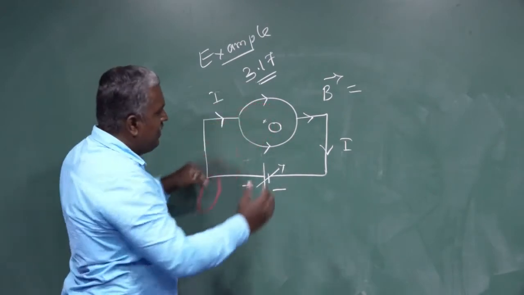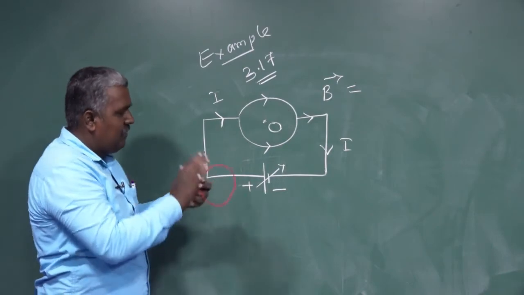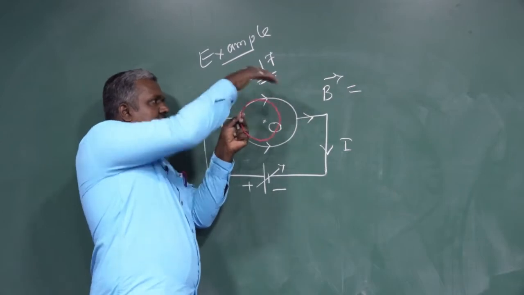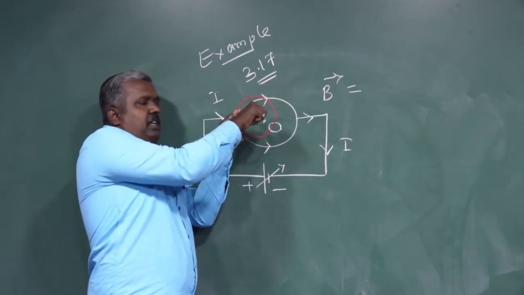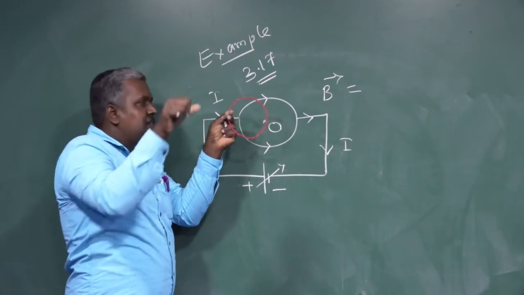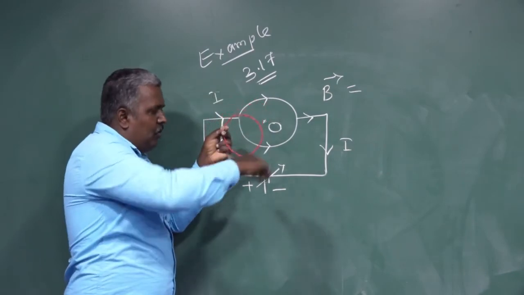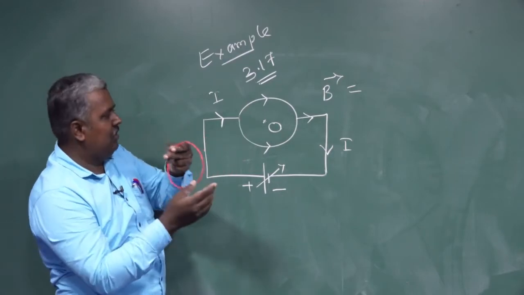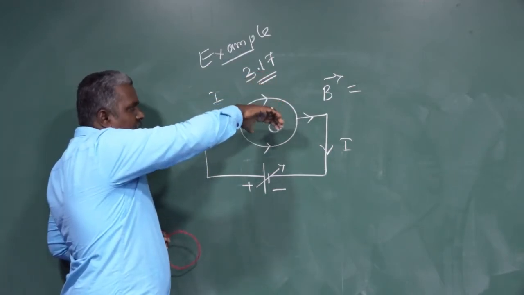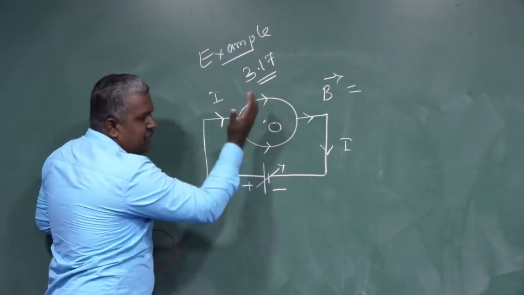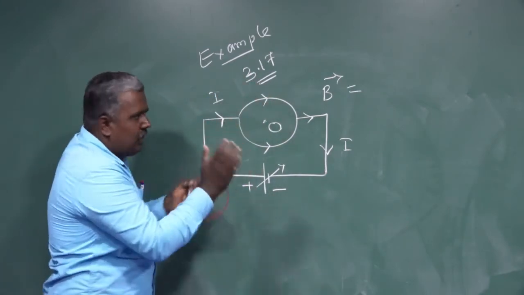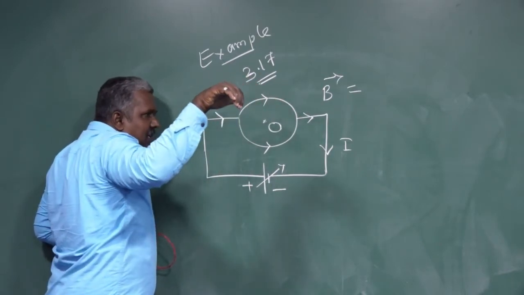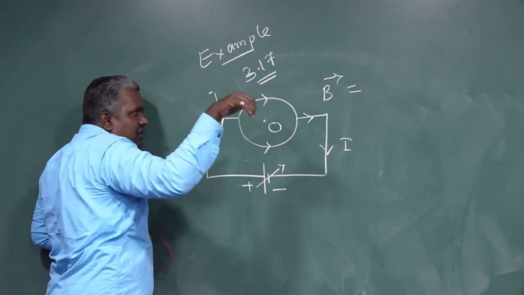This is the current, this is the field direction. In the lower hemisphere it is inverse. This is upper, this is lower. On the upper side, the current direction and magnetic field direction are like this, towards the board.